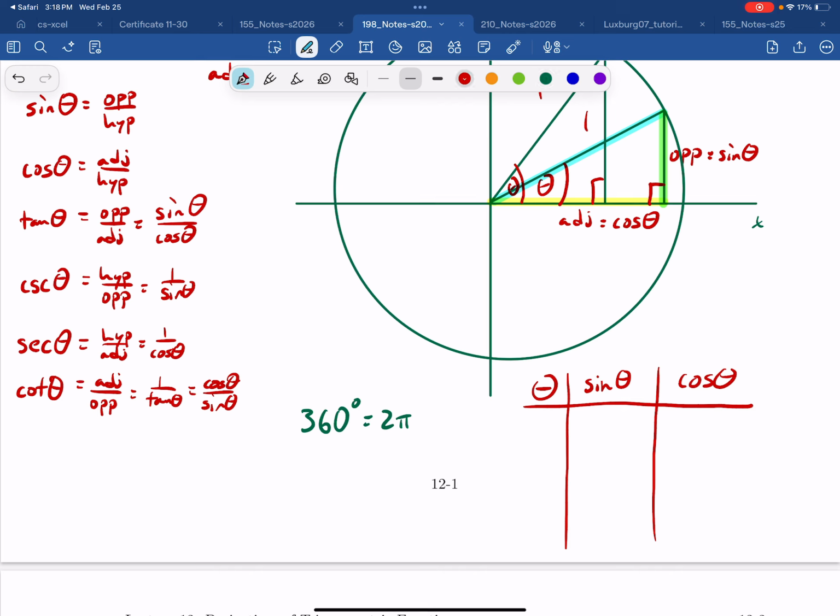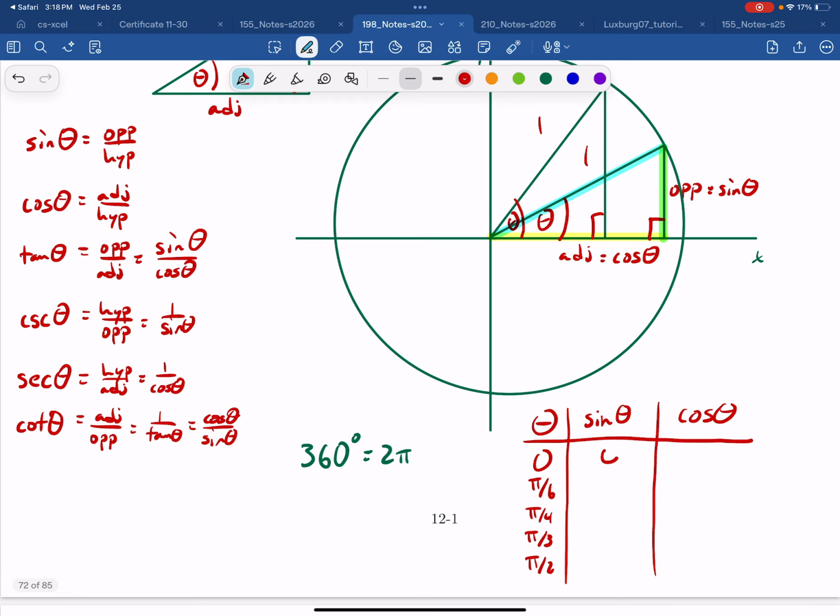So anyway, the most interesting angles are 0, pi over 6, which is 30 degrees, pi over 4, which is 45 degrees, pi over 3, which is 60 degrees, and then pi over 2, which is 90 degrees. It turns out that sine of 0 is 0, cosine of 0 is 1.